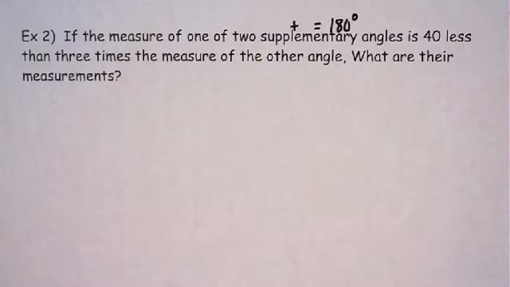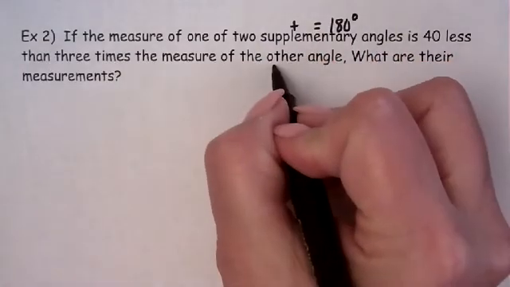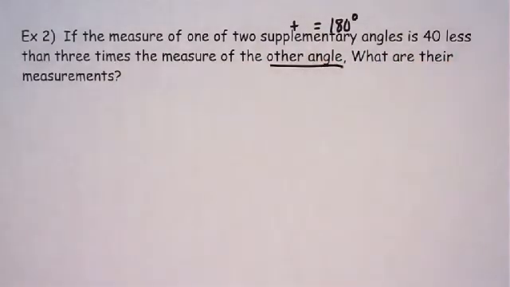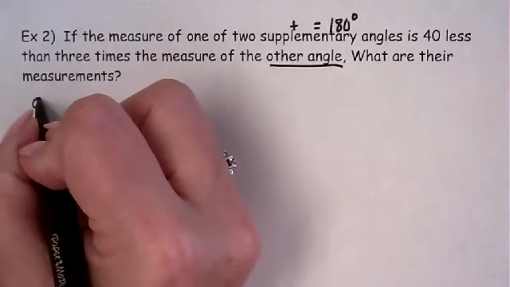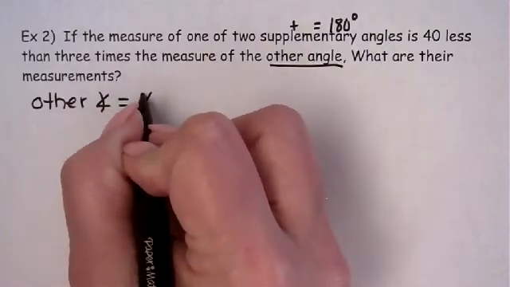But it says one of the two angles is 40 less than 3 times the measure of the other angle. What did that sentence end with? Other angle. So the other angle is going to be my x.